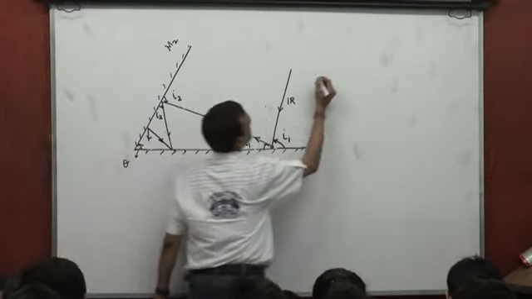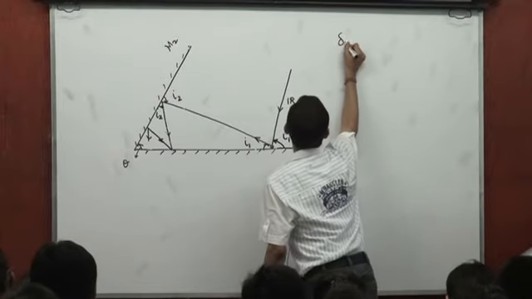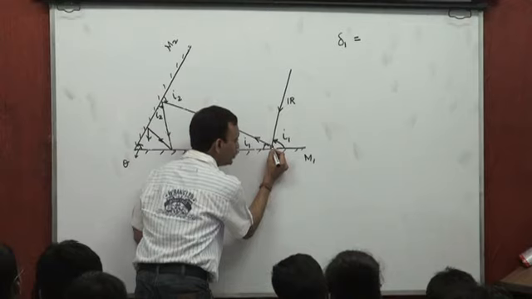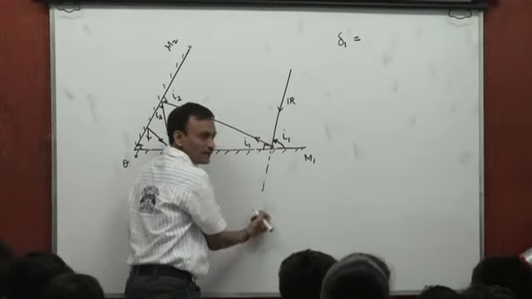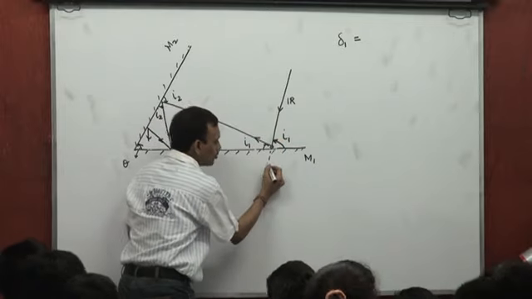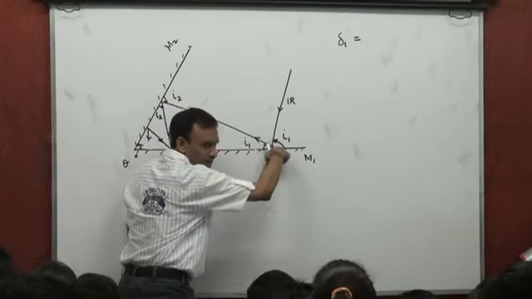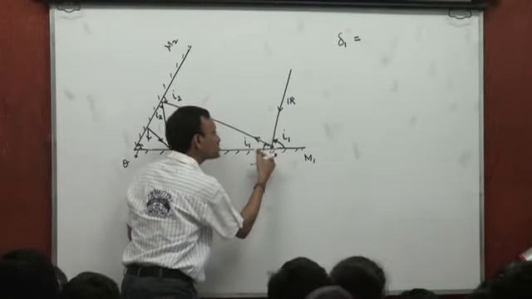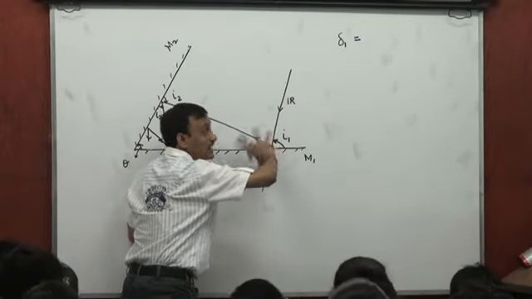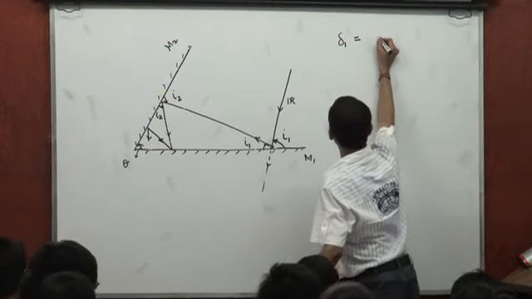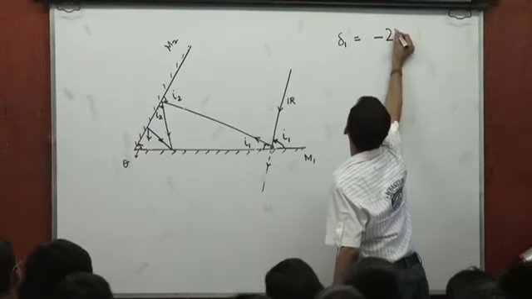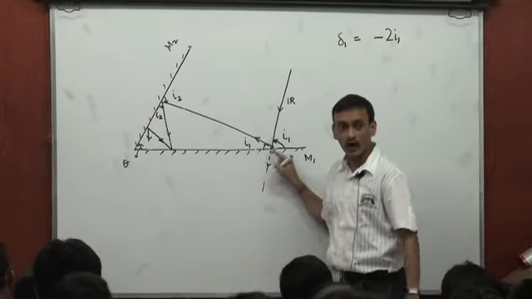Now, for the first reflection, what's the deviation delta 1? 2i1 in magnitude, but clockwise, yes or no? In the absence of the mirror, the ray would have travelled like this, but now it's travelling this way. So the deviation is clockwise, and therefore the algebraic deviation delta 1 out of the first reflection is going to be minus 2i1.